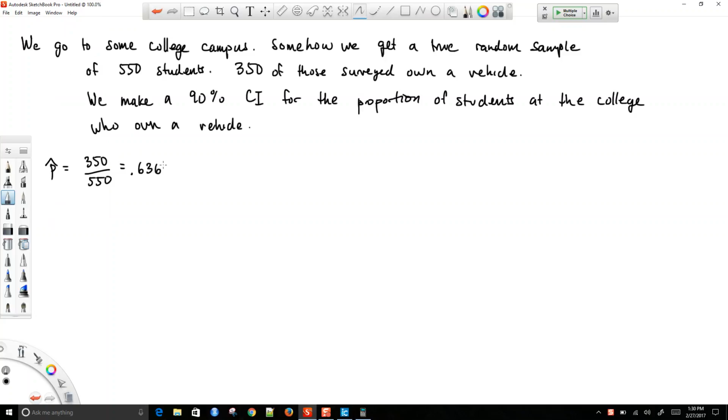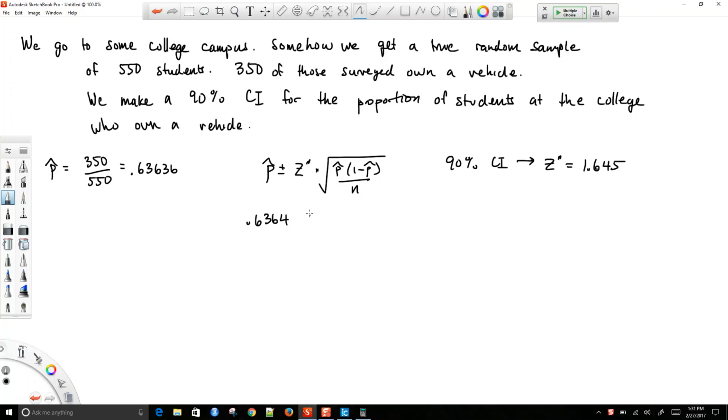Then I'm going to have p hat plus or minus z star times the square root of p hat times 1 minus p hat over n. For 90% confidence, my z star is going to be 1.645. So I have 0.636, I'm going to just round off to 0.6364, plus or minus 1.645.